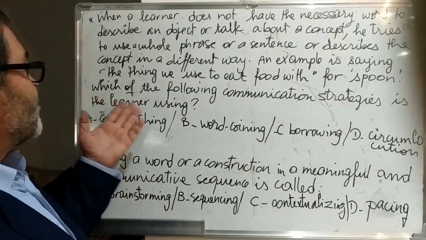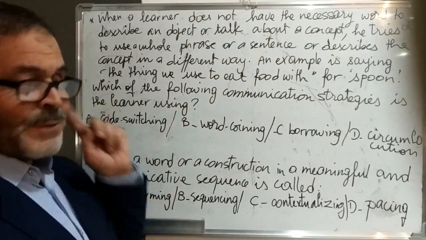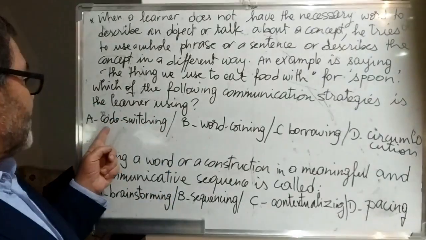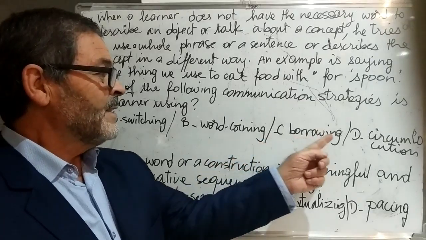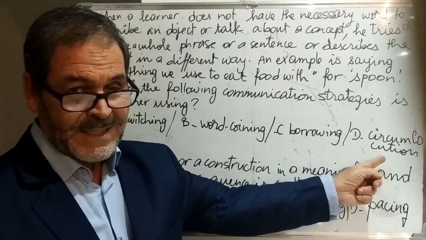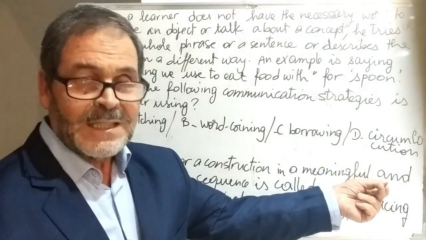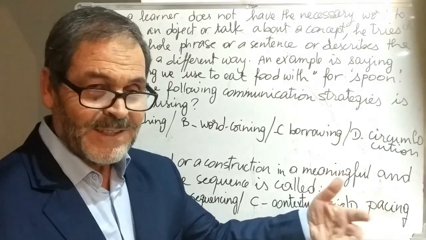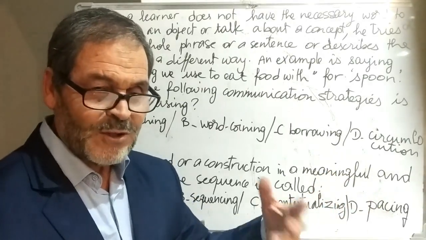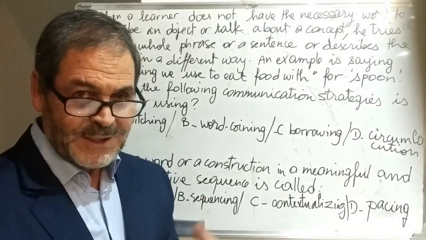Which of the following communication strategies is the learner using? Code switching, word coining, borrowing, circumlocution. This word, circumlocution, is like euphemism in literature, for example. When we explain a word, and the word maybe sometimes is a taboo word, we don't say the word exactly.